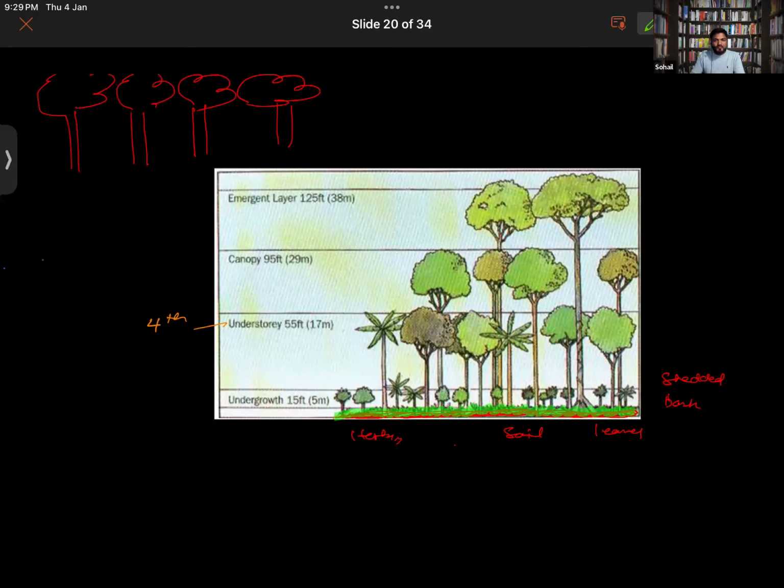Okay, then also answer a few more questions. The type of forest found in an area will depend upon what factor? The climate. Climate will be there, and rainfall; that will basically be counted in climate. And then what else will it be?